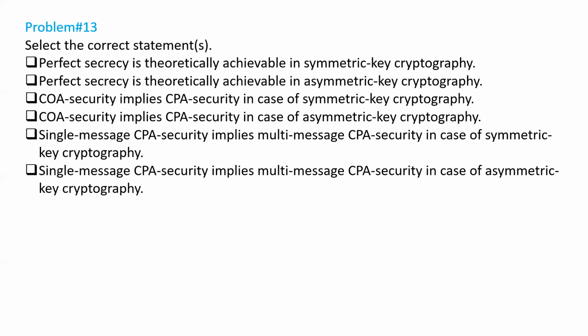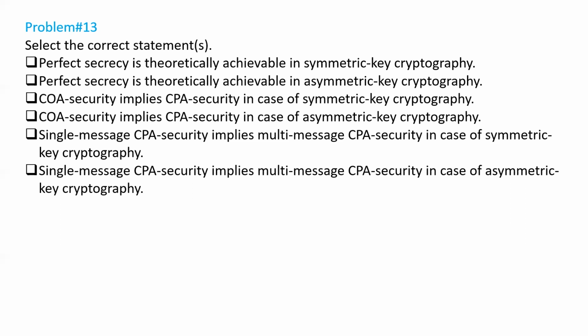But in case of asymmetric key or public key cryptography, the adversary is already provided with the public key, right? So with the knowledge of the public key, it can itself generate ciphertext of any plaintext as much as it wants, so it does not even need access to an encryption oracle. Whenever we talk about COA security and we provide the public key to the adversary, the adversary already has default access to the encryption oracle.